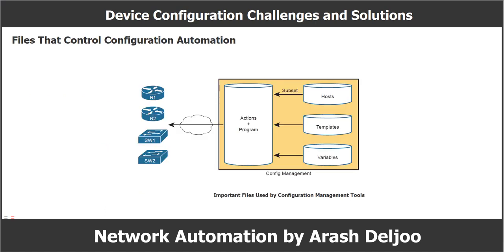Now let me explain the files that control configuration automation. Configuration management tools also provide different methods to define logic and processes that tell the tool what change to make to which device and when. For instance, an engineer could direct a tool to make changes during a weekend change window. That same logic could specify a subset of devices.